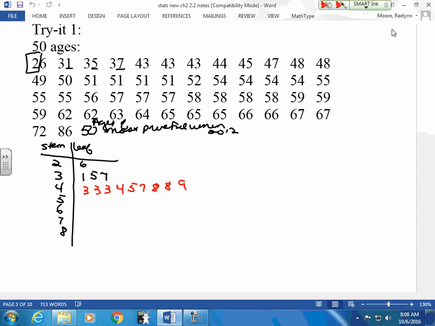Fifties, I have a 0. I have 1, 2, 3, 4 ones. I have 1, 2. I have 1, 2, 3, 4 fours.